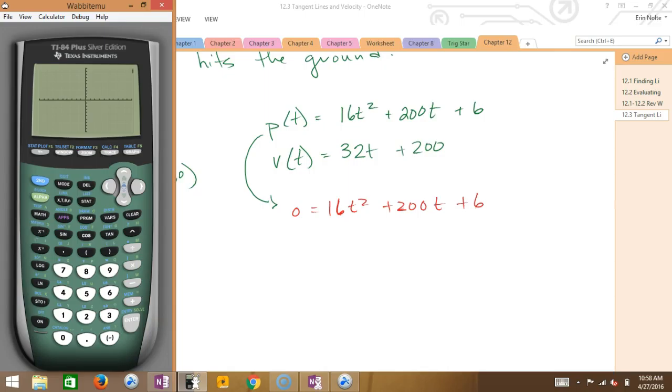Okay, so let's take a look at that. Oh, negative. Good lord, you guys. Need a negative in there, because it's upside down, right?